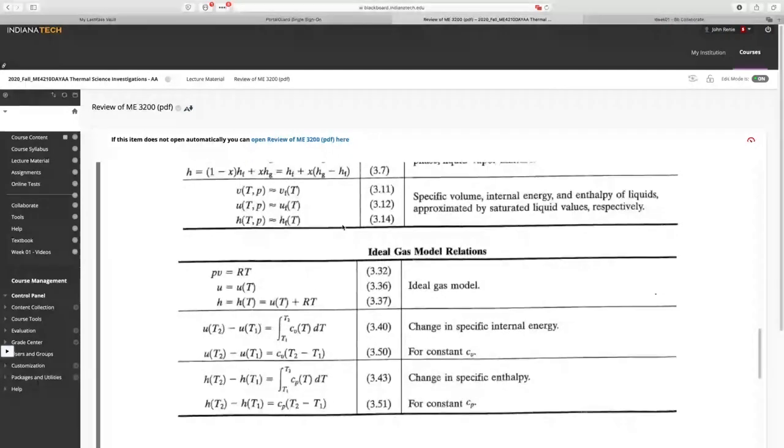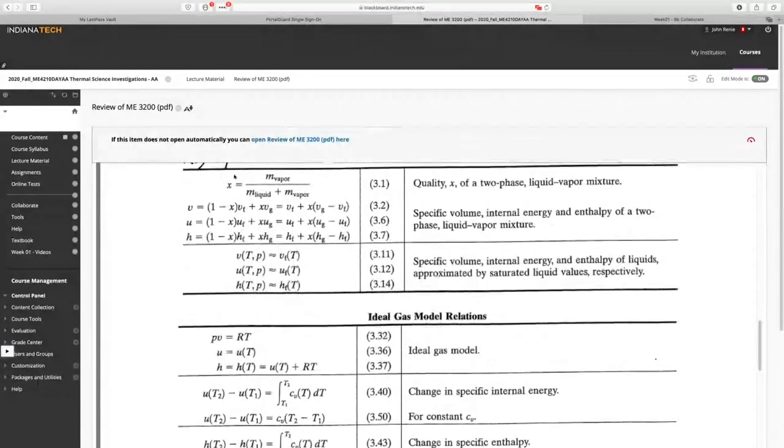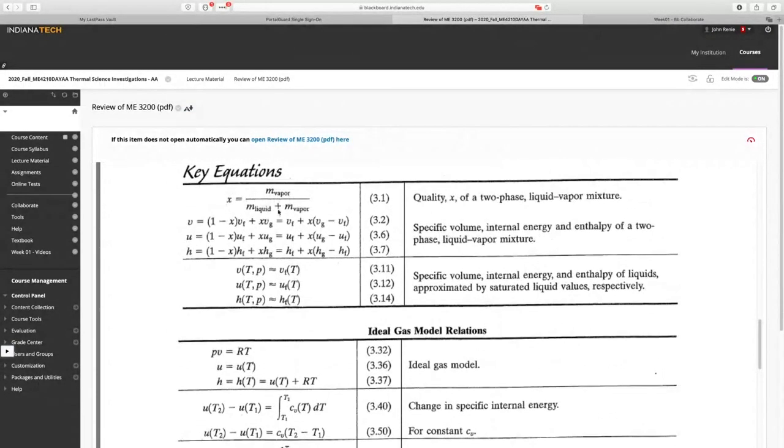So the key equations in this chapter: the first equation is the definition of the quality, and the quality is just defined as the mass of the vapor in a two-phase mixture divided by the total mass.